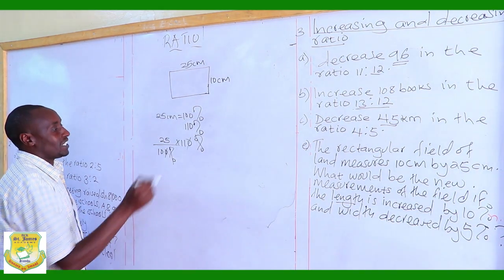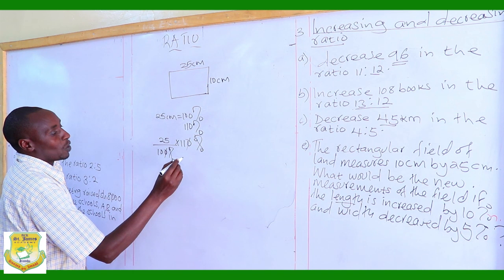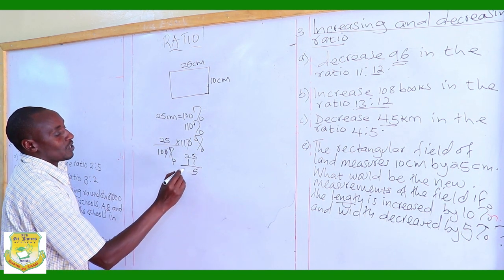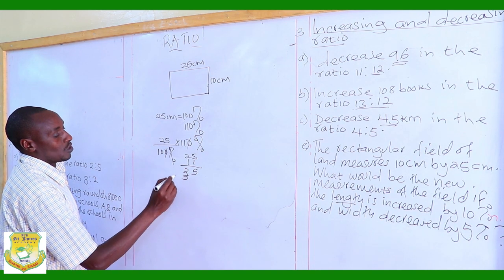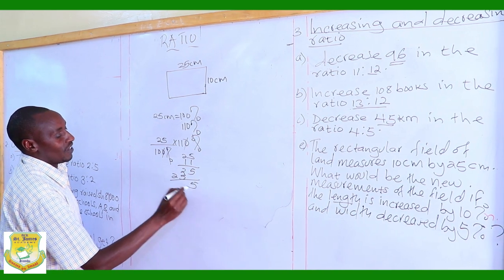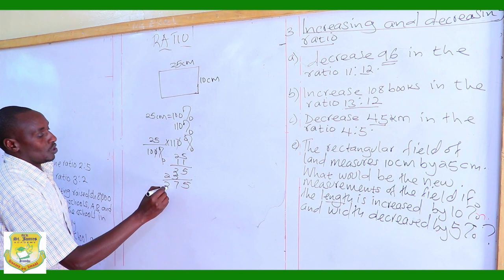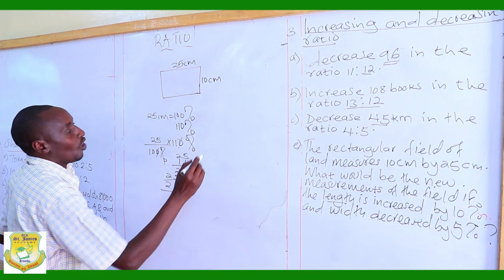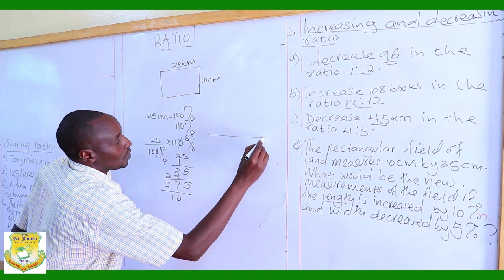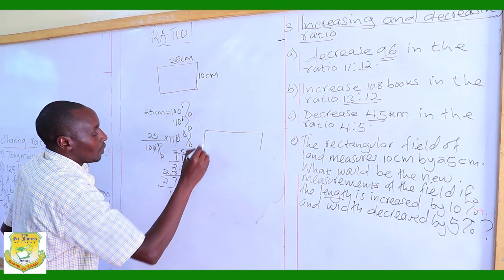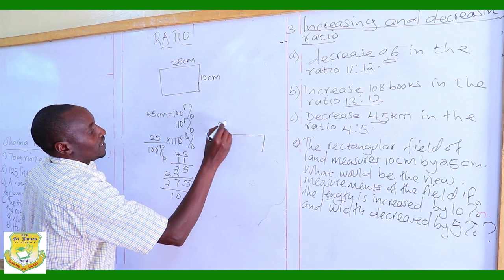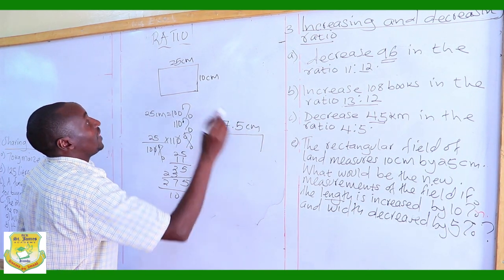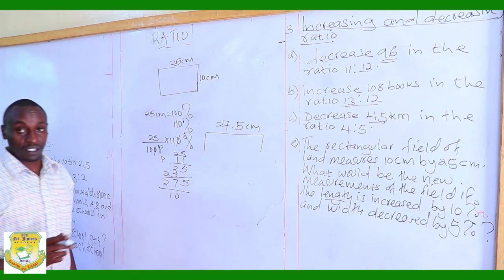By 10, by 10. From there, I multiply 25 times 11. I get 275, divided by 10. So the new length of that field now will be 27.5 centimeter. This length has increased.